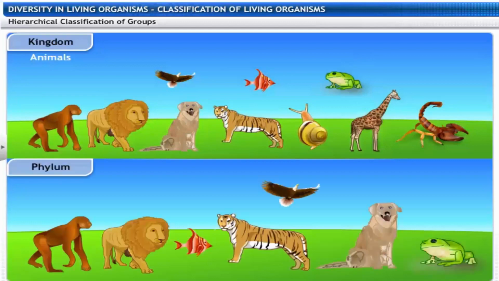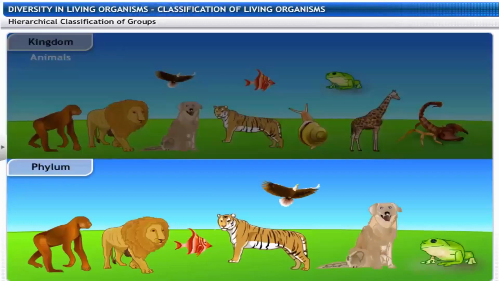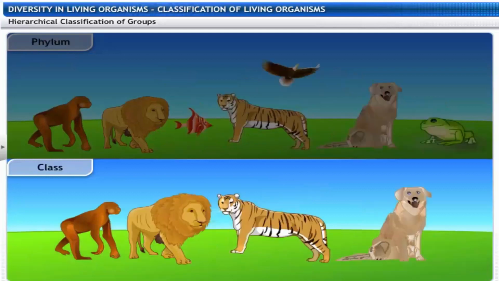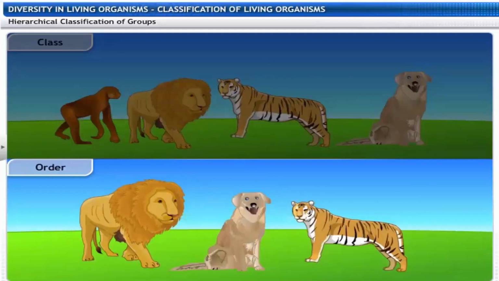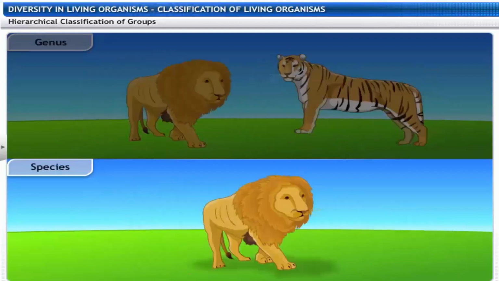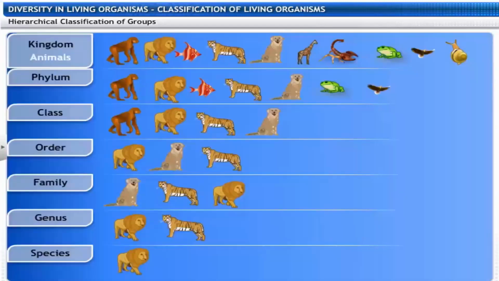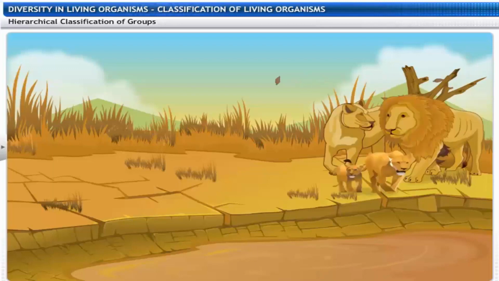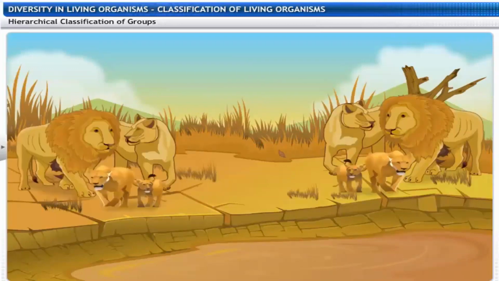Kingdom breaks into phylum for animals, or division for plants, class, order, family, genus, and species. Hence, the basic unit of classification is species. A species includes all organisms that are similar enough to breed and produce fertile offspring.